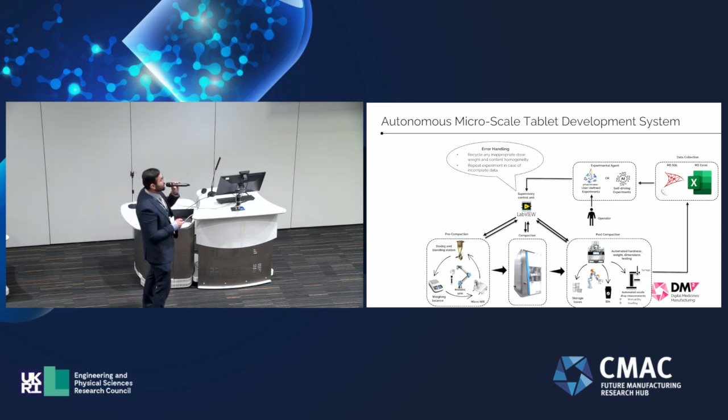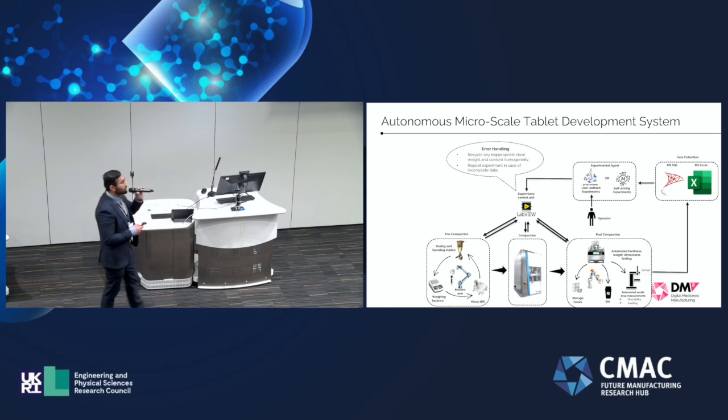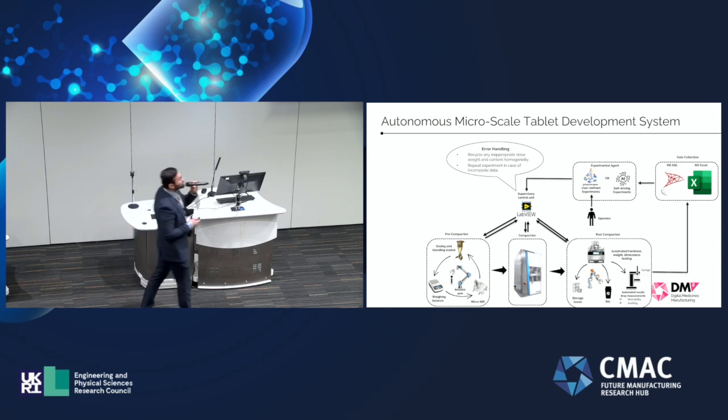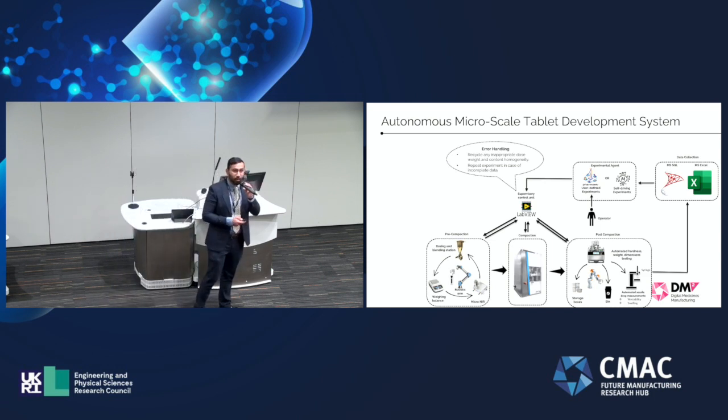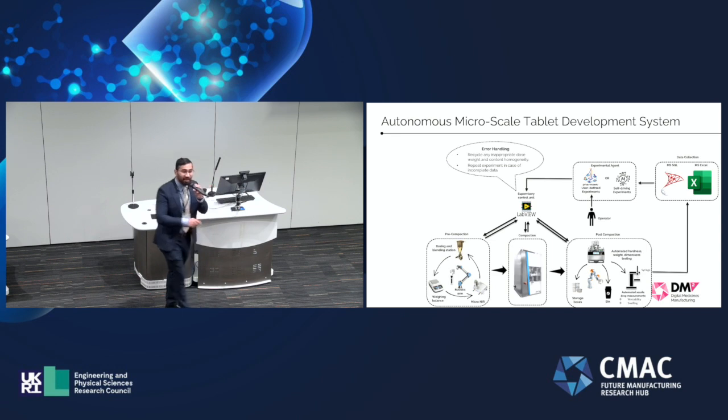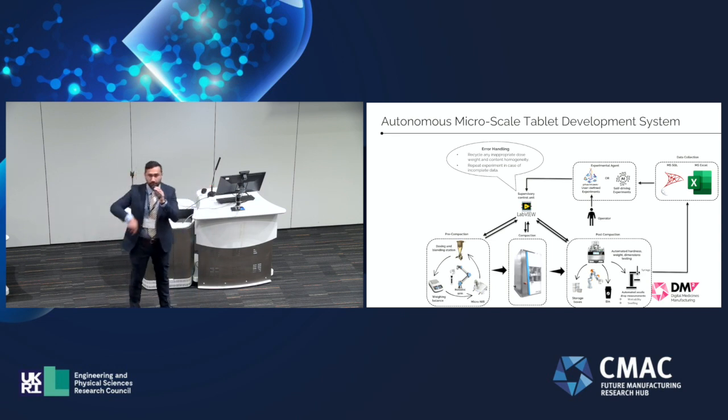One is in which a user can define the list of experiments and hit the start button, and literally the whole system can go through all the experiments, all the parameters one by one, and gives you all the data as a result of that experiment in a Microsoft SQL database or in an Excel sheet. Or you can use this system in a self-driving mode in which you just have to define the target, and the system will iterate itself to reach that specific target.